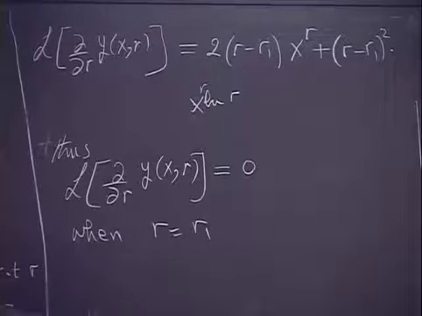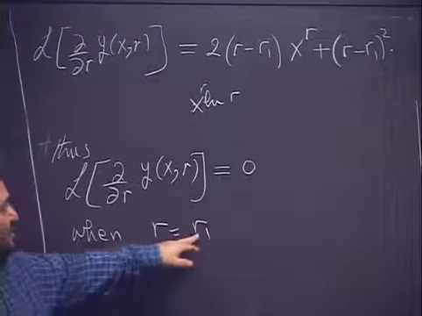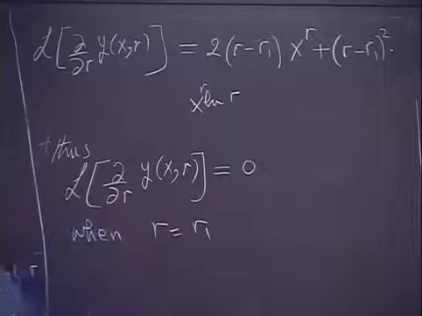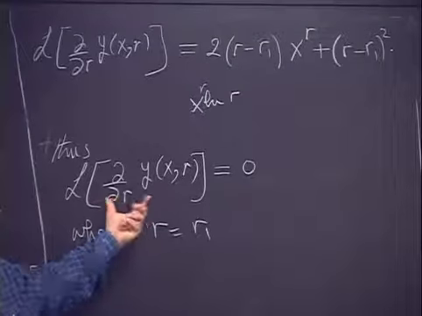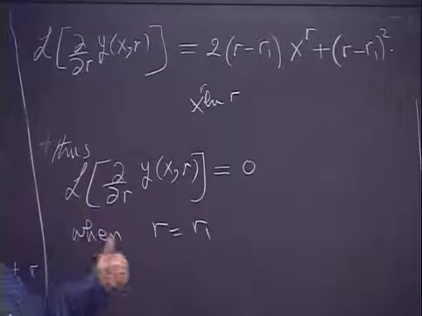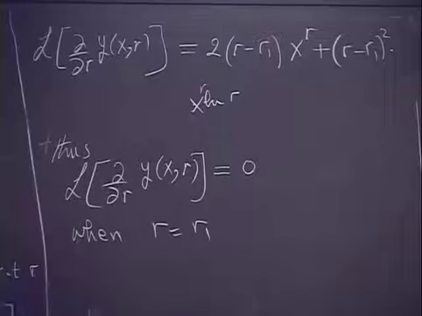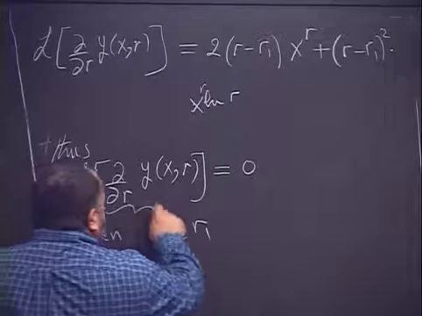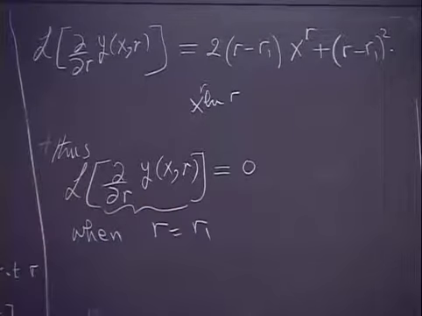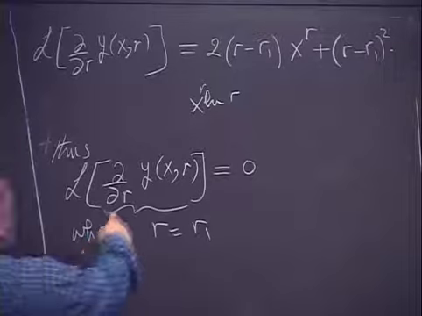Yes? So when r equals r1, this will be equal to what? 0. So what does it mean? It means that this is a solution for the differential equation. Yes? Because if you substitute it into the differential equation, it will satisfy the differential equation. It says that this is equal to 0, so this is also another solution.